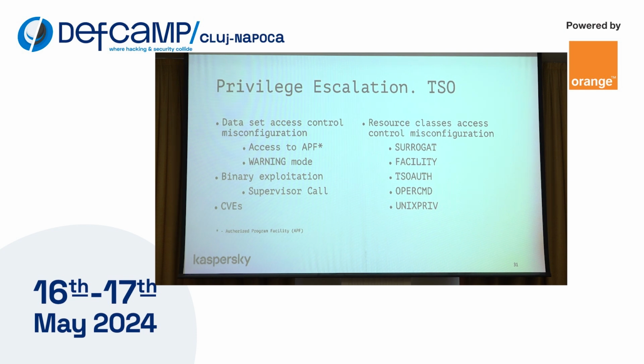During access, a message appears that the system administrator will be notified about such an access attempt, but it also allows performing any actions. Such is the distinctive feature of a data set in warning mode. For example, there may be a misconfiguration where sensitive data is in warning mode, or some APF file is in warning mode, and you may abuse it.